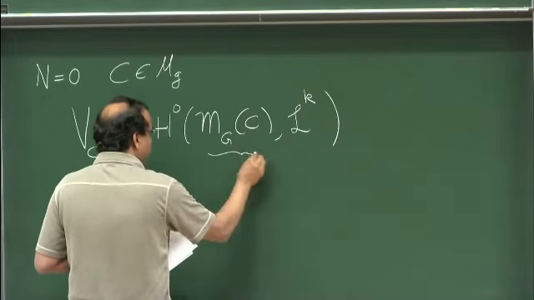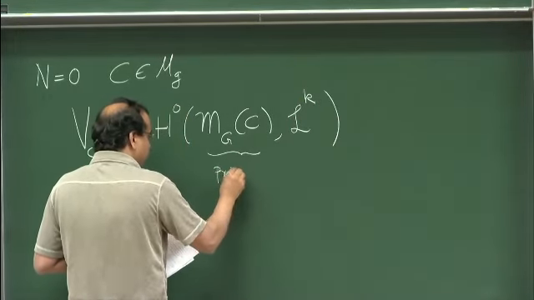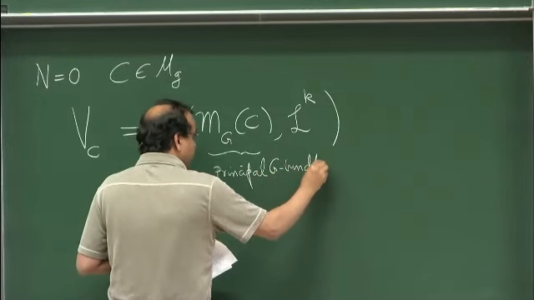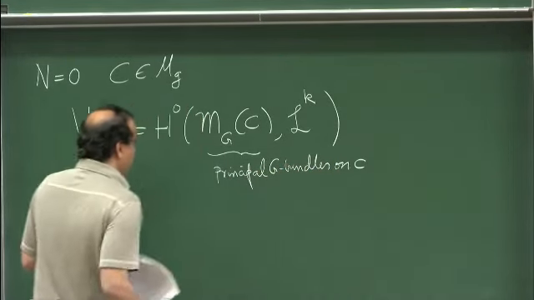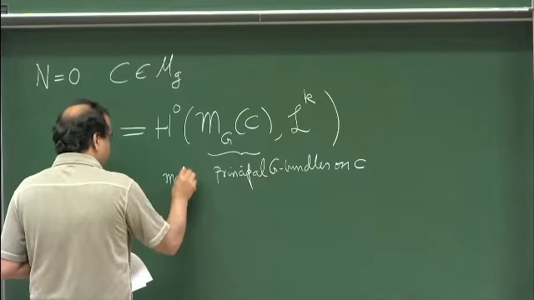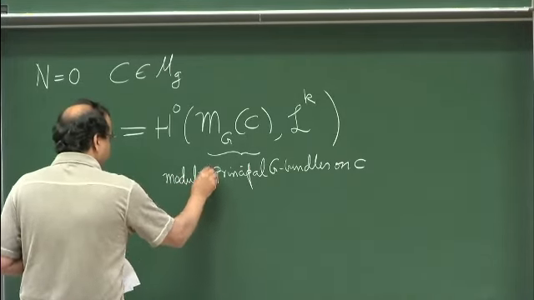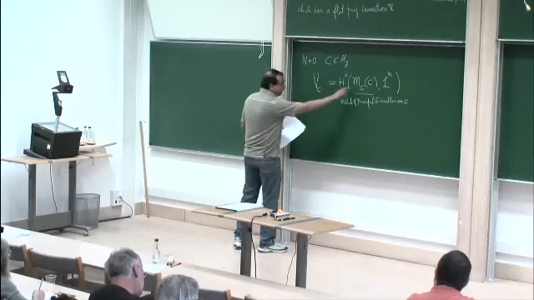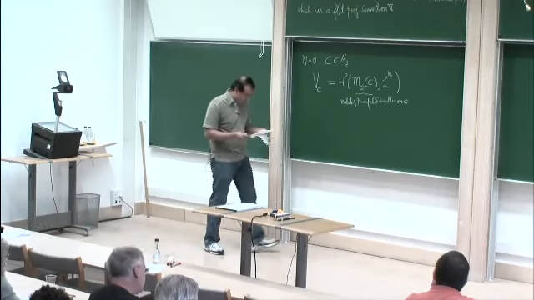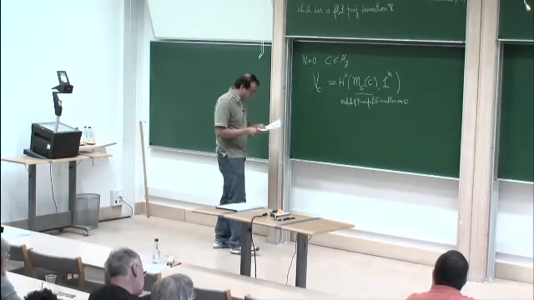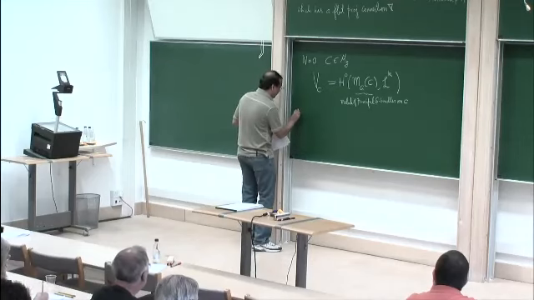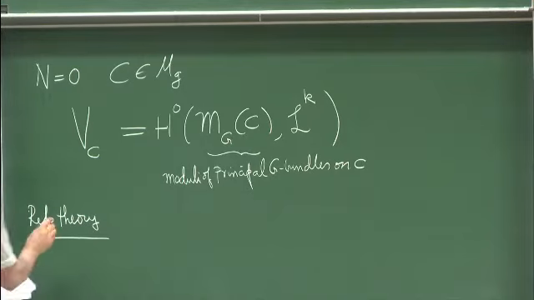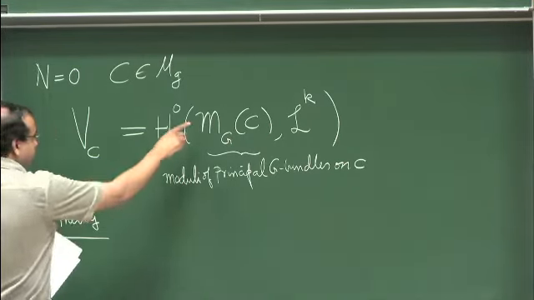So this is one interpretation, and the other interpretation is closer to my talk really. So it's in terms of representation theory. So this is the one that I will follow in this talk. This can be written as a double quotient.